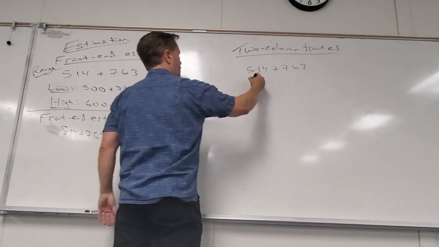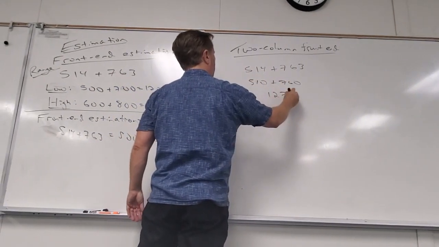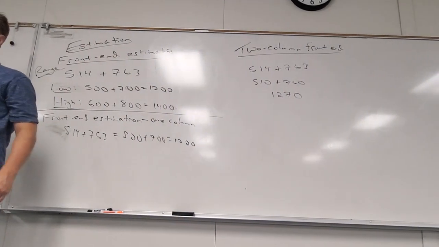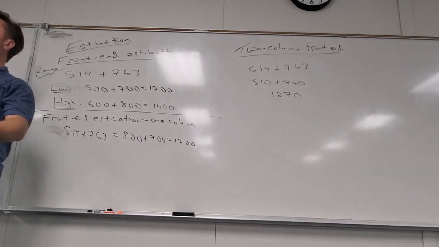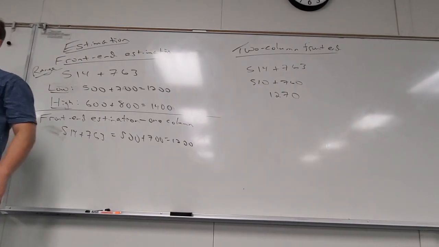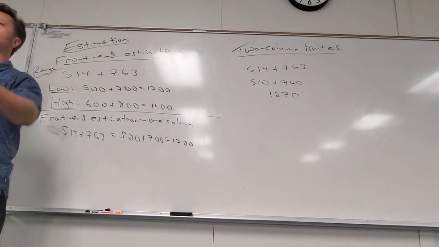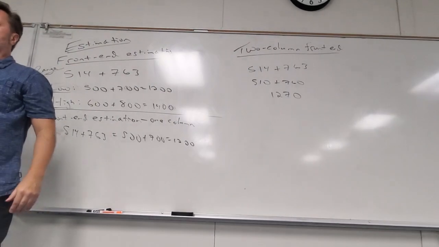So this would become 510, this would become 760, so then you get 1270. Is that all right? So it's a slightly improved lower estimate. It's definitely better because it's taking more of the numbers into account. It's still a low estimate because no matter what, I force them down. Let me stop for a minute.